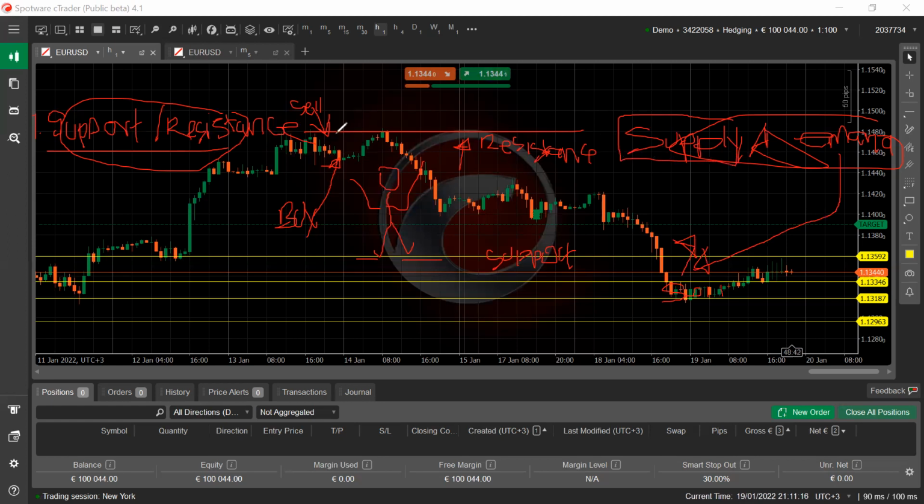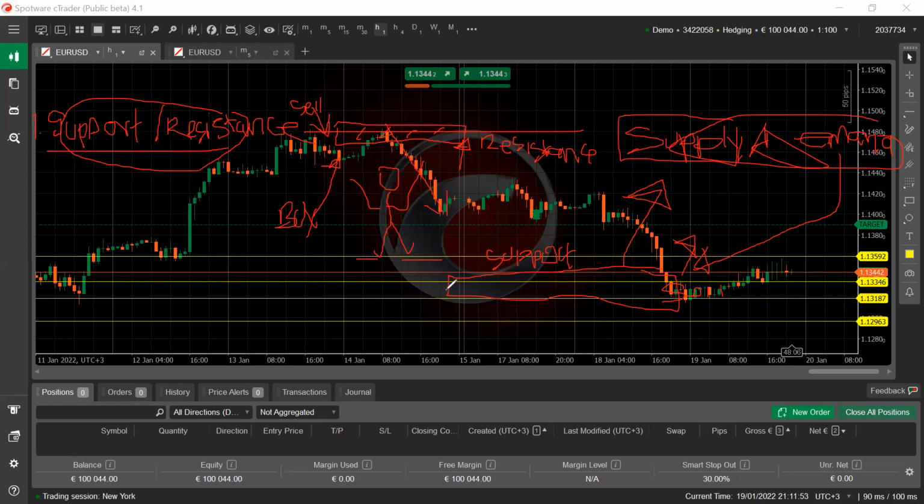This area here provides many sellers. The market gets here, and there are enough sellers. If the sellers are now more than the buyers, they take charge and the market goes down. Similarly, when we are down here and the buyers are more than the sellers, the market goes up.